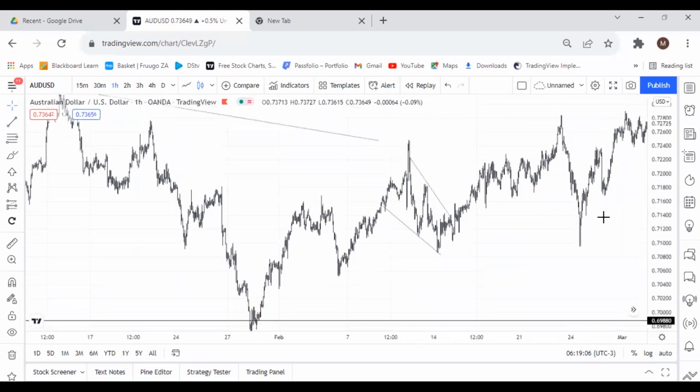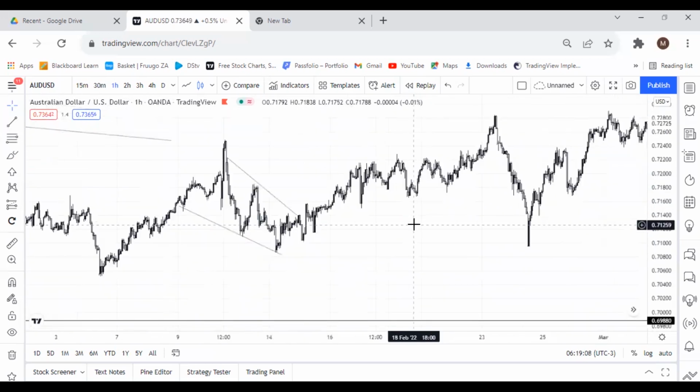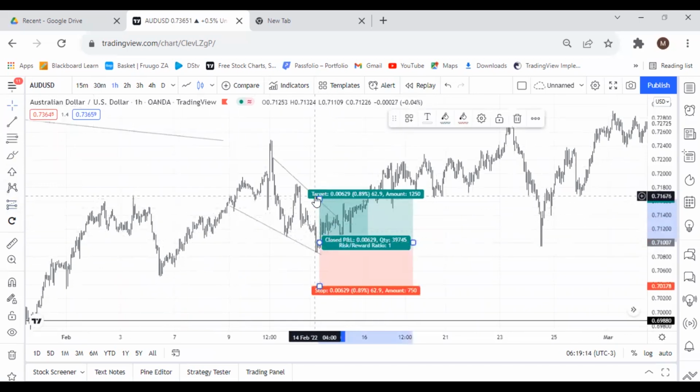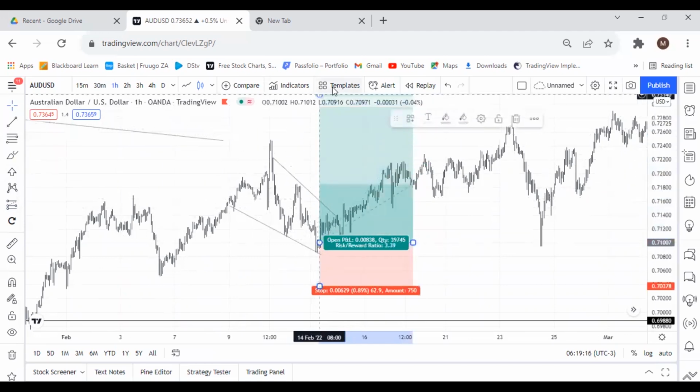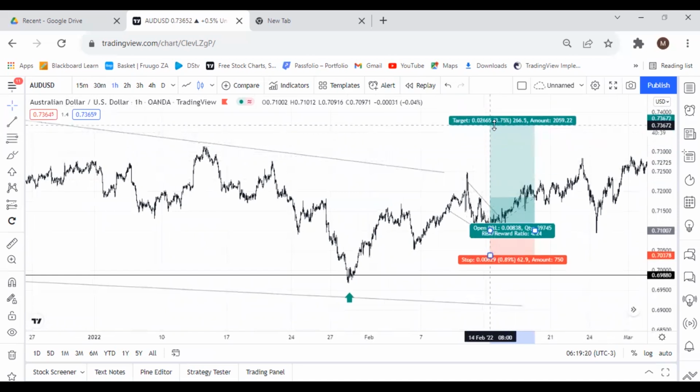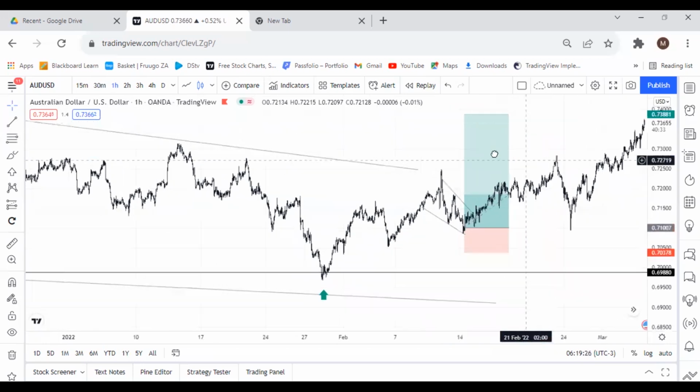As you can see from this one, it went into profit for a while. Let's say you took your trade right there and you anticipated a huge movement to the upside, about 4%, let's say, around there.